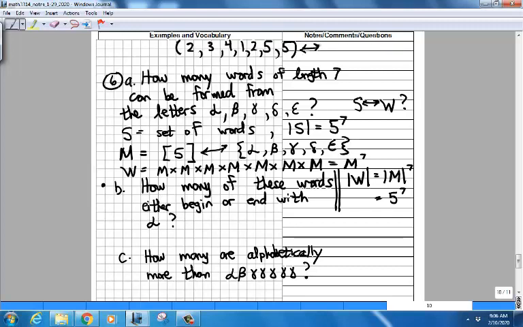Beta, gamma, delta, alpha, beta, epsilon. There you go. So why is that so obvious?